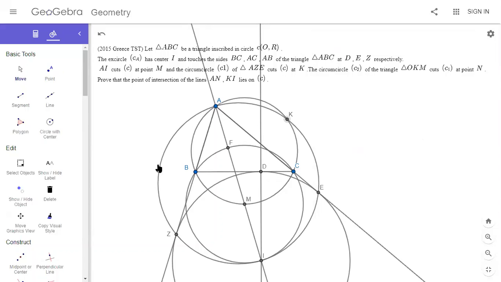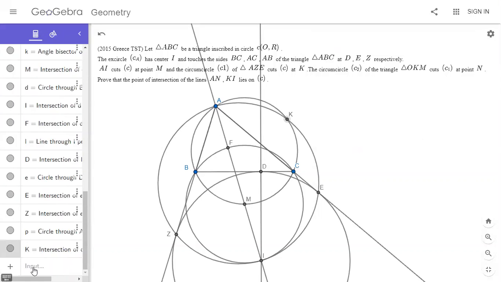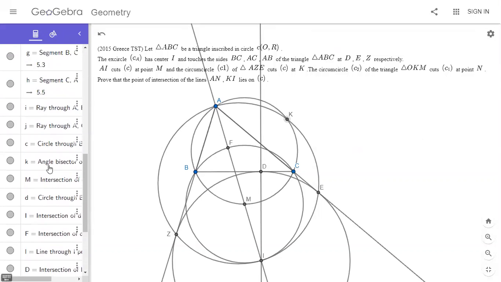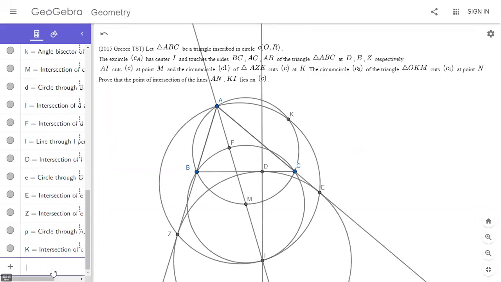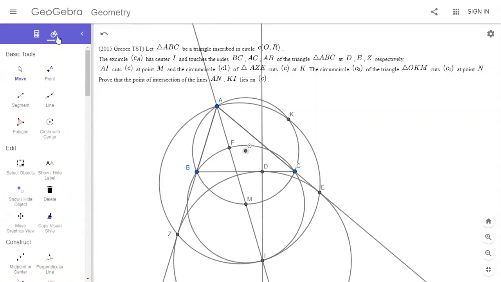And the circumcircle of OKM, so here we do need point O. That's O. All right.